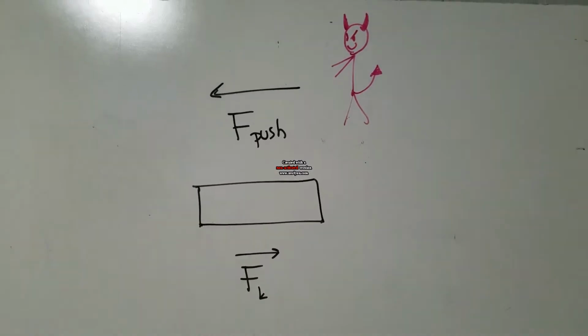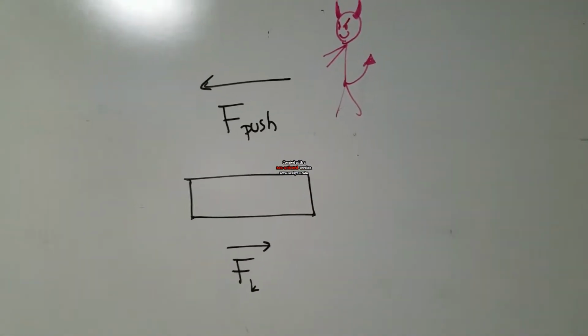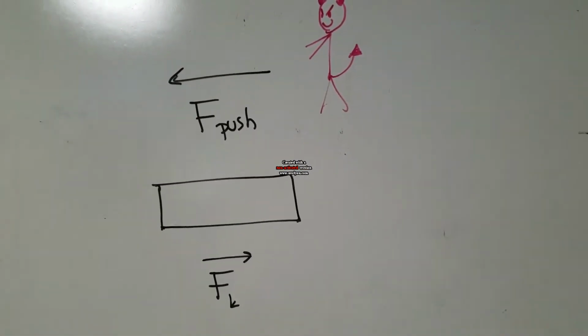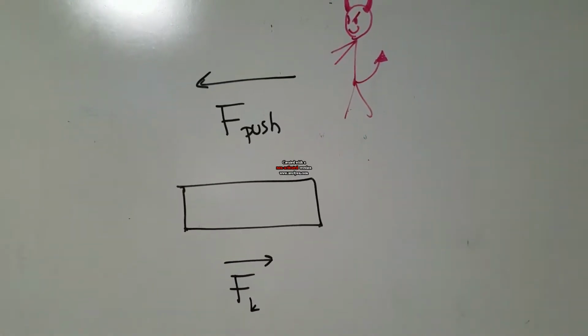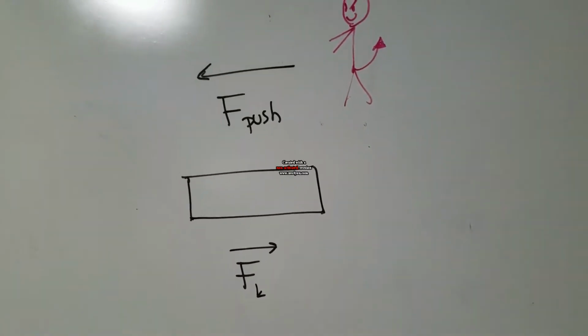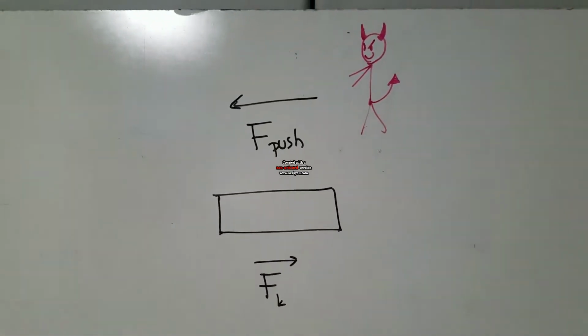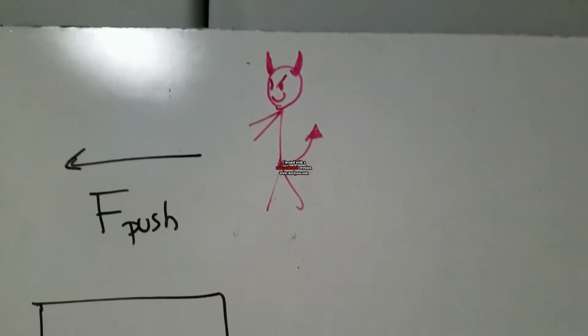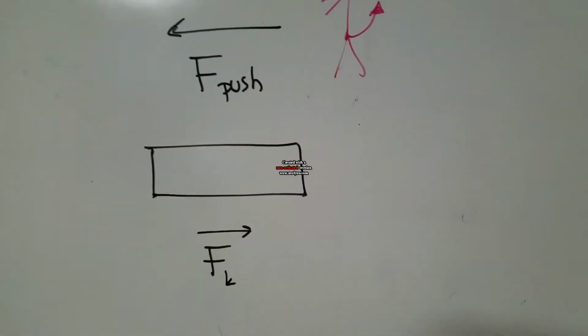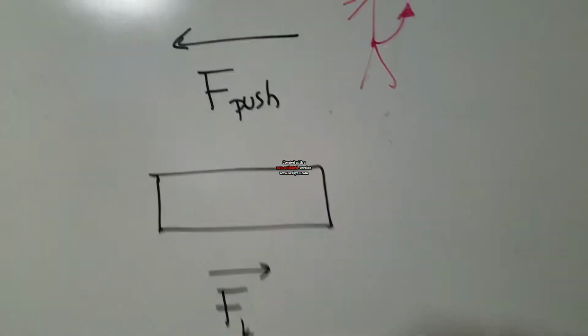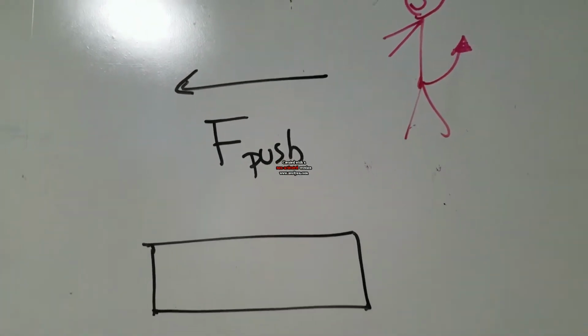Okay, I'm going to give you a visual here. This is regarding just the two forces that I explained that were happening on this object, that were imparted by an agent, who is this little red guy here. We have the push force, which is here on top, denoted F sub push.